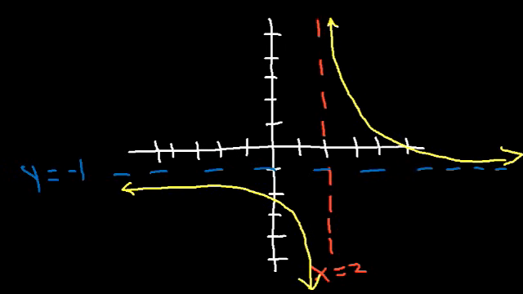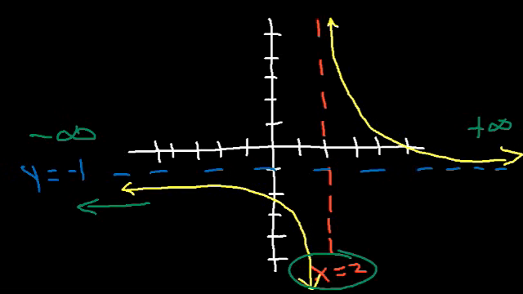So let's start with the domain. As we can see, the function goes all the way to the left. So therefore, the lowest x value is -infinity. As we view it from left to right, we can see that the highest x value is +infinity. But notice that the curve never touches x equals 2. It never touches the line.